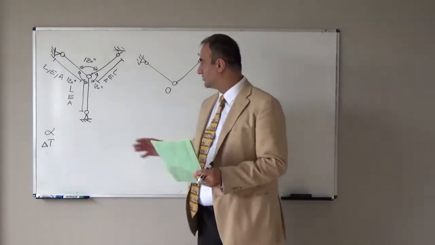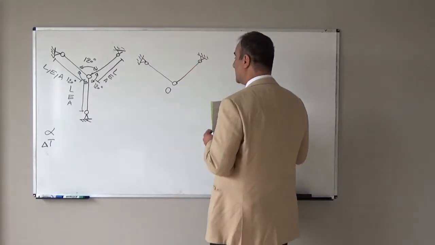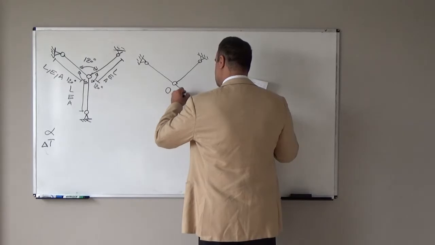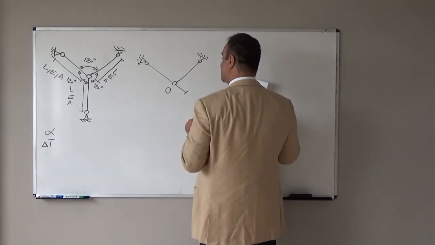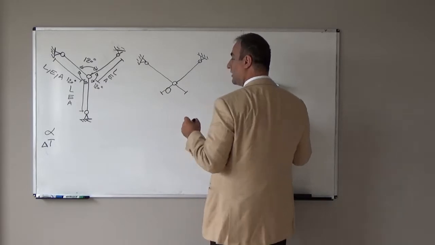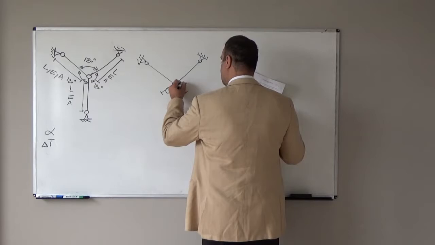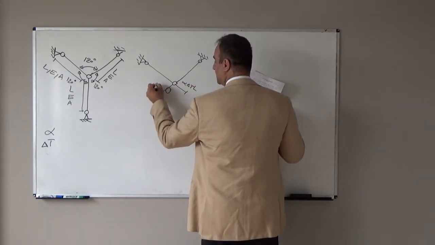So we assume we don't have this third member. What will happen? If I increase the temperature, the length will increase in each rod. And we know how much the length will increase. The length will increase alpha delta T L.